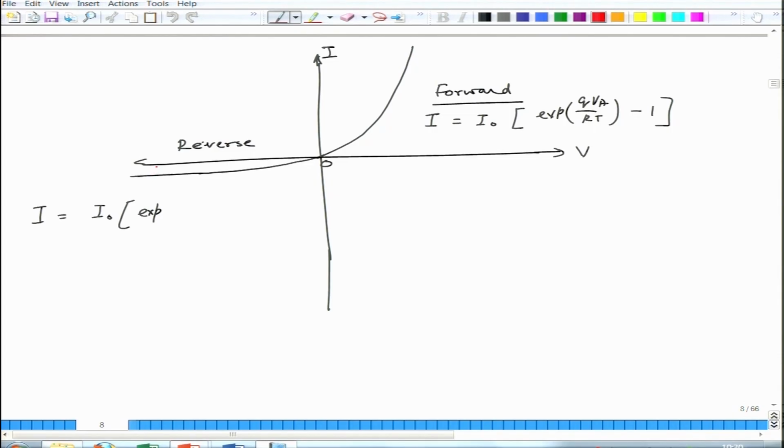This saturation current is nothing but I minus I naught, which is essentially the reverse current that you get, which is very small. So, the diode basically acts like a switch. In the reverse bias it has 0 current, in the forward bias it has very high current.